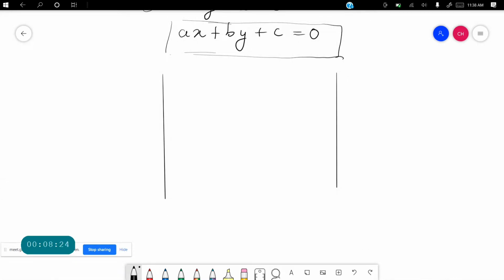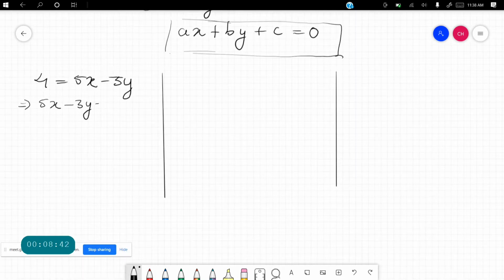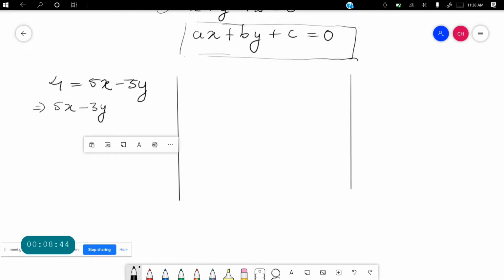First example I will take as 4 equals 5x minus 3y. Now we will rewrite this equation as 5x minus 3y minus 4 equals 0.